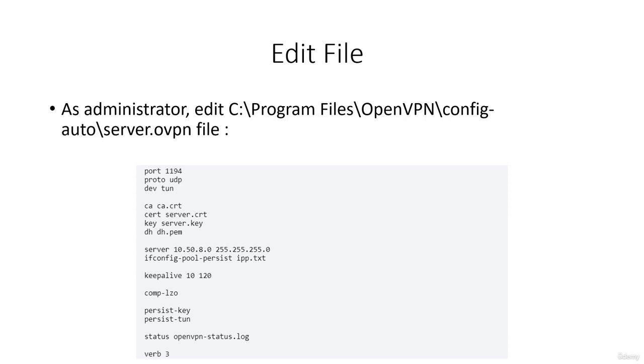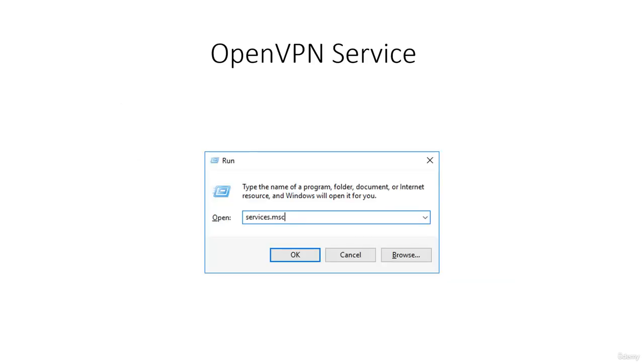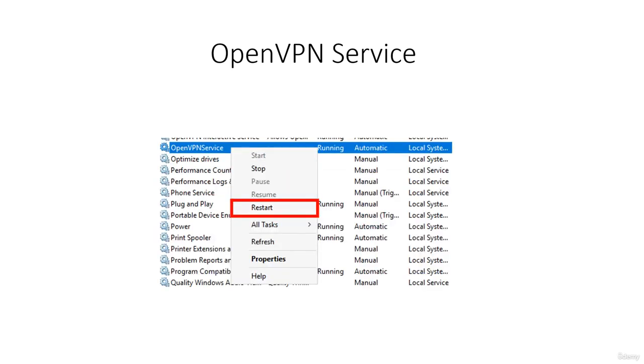So how can you restart the OpenVPN service? Go to Run in your Windows, then search for services.msc. This will open up all the services that are running inside your Windows machine. Then search for the OpenVPN service. It will look similar to this, and it will automatically be in start mode.